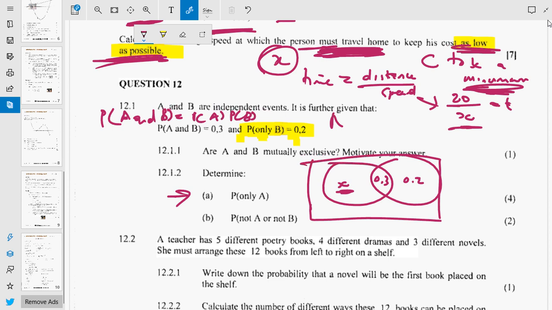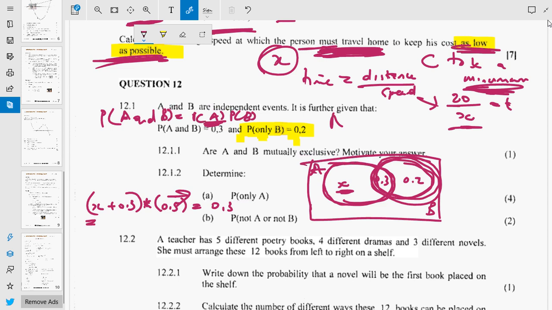Now A and B are independent. That means the probability of A, which is this whole portion here, so this is A, this is B, so X plus 0.3, multiplied by the probability of B, which is this portion here, 0.5, must be equal to the probability of A and B, which is 0.3, because A and B are independent.